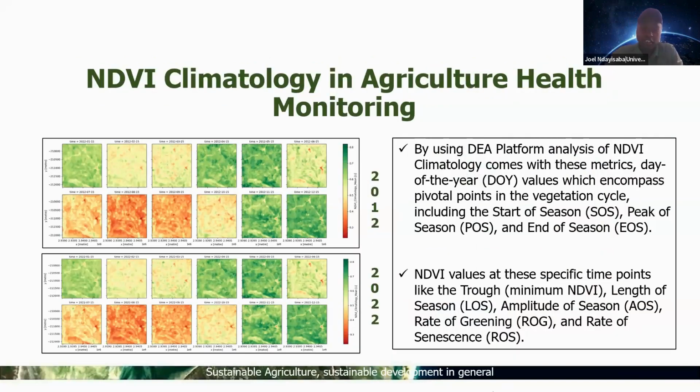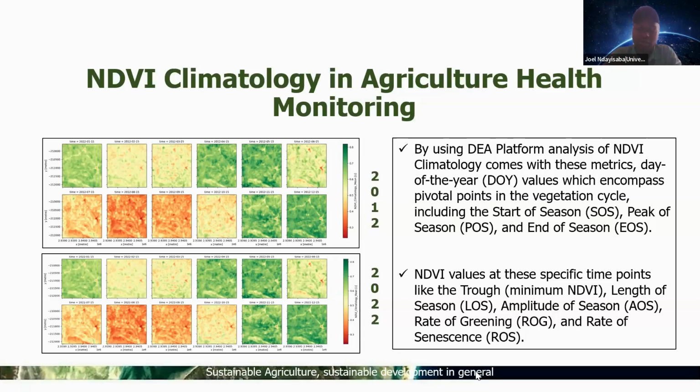You see, in 2012, we got huge NDVI values in the rainy season, while in the dry season, we found that we have low NDVI values.